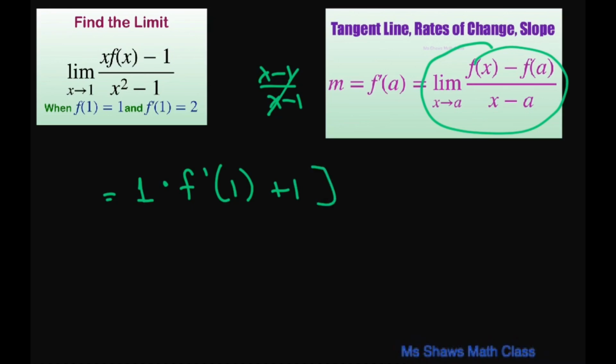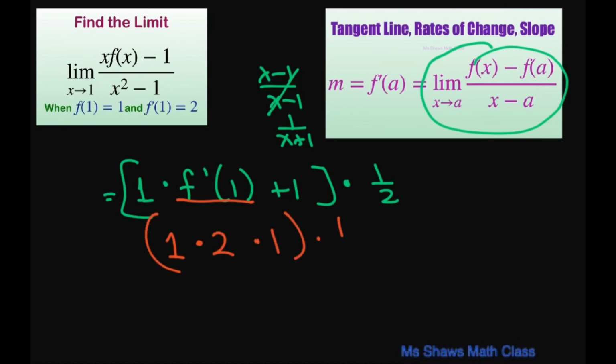And for that last piece, we had 1 divided by x plus 1, that's going to give you 1/2. So we have 1 times f prime of 1, which is 2, plus 1 times 1/2. So this is 2 plus 1, 3 times 1/2, and that gives you 3/2. And that is your limit.